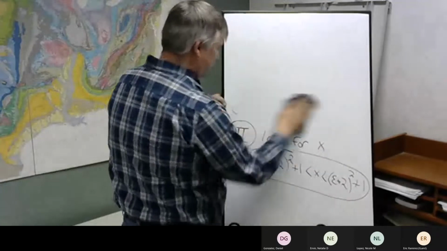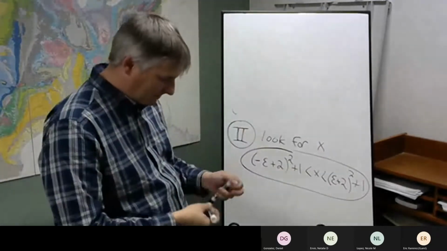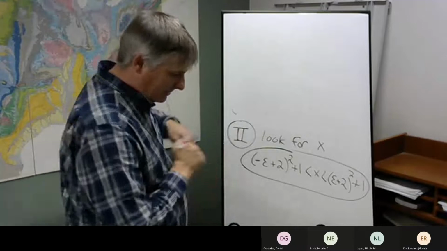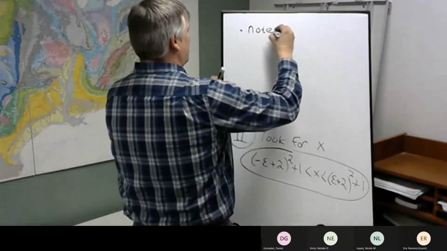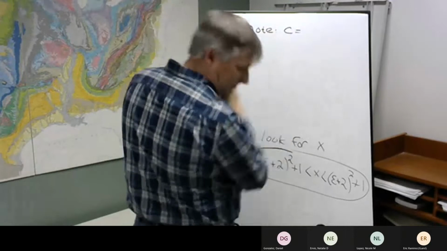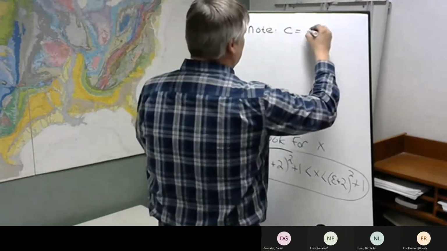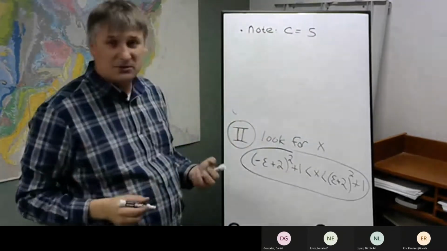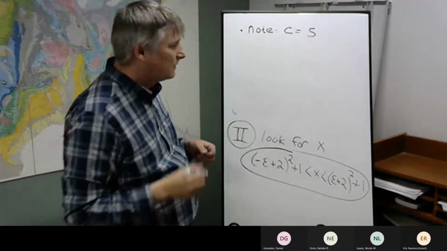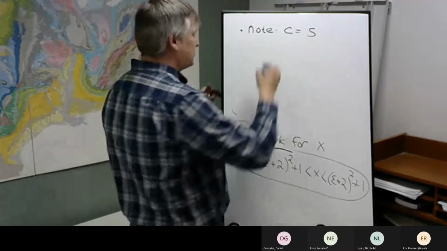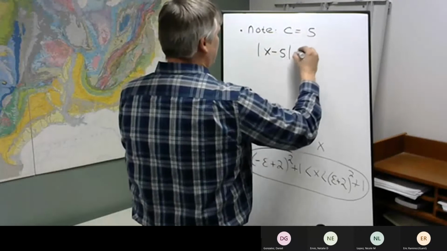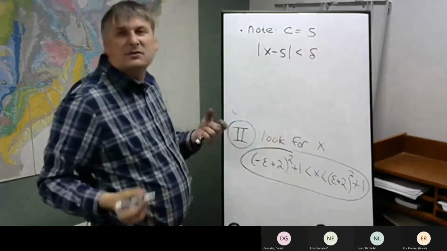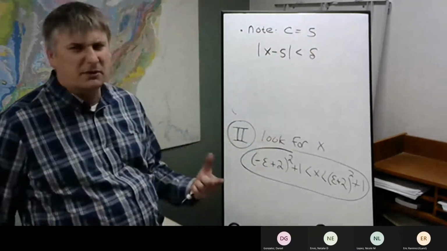So the way the second trick works, let's think about, in this case, our c is equal to 5. So what we're doing, we're trying to show that x minus 5 is going to be less than some delta. We're looking for this.